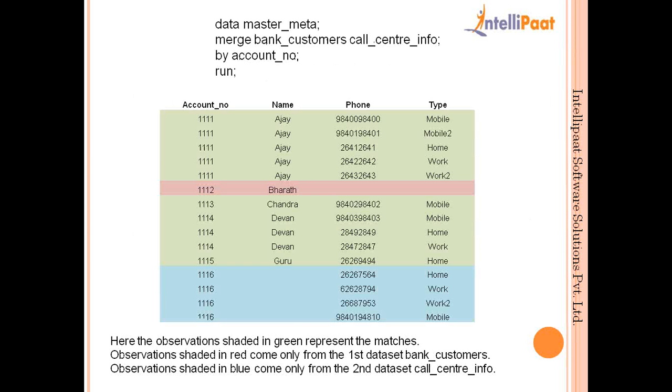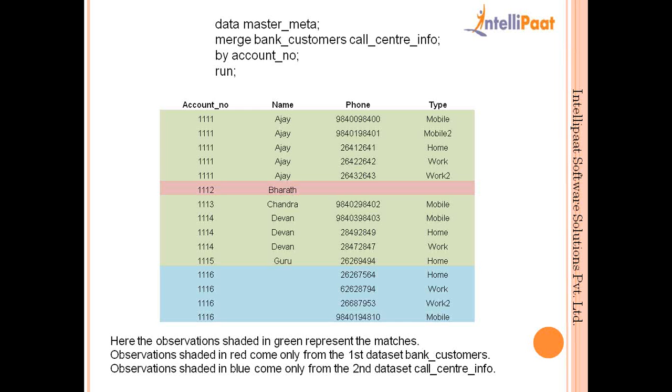You can look at the example here: merge bank customer and call center info by account number and run. In the screenshot below they have given the results. Against 1112 you have just the name, and there are no details of the telephone or phone type.